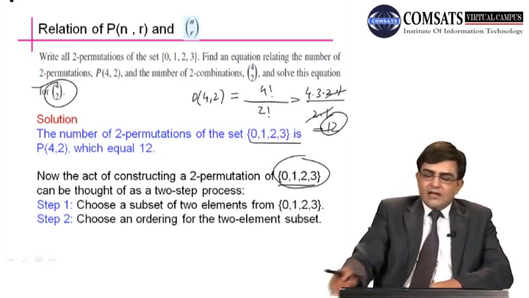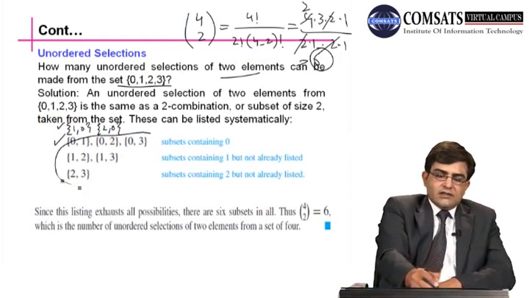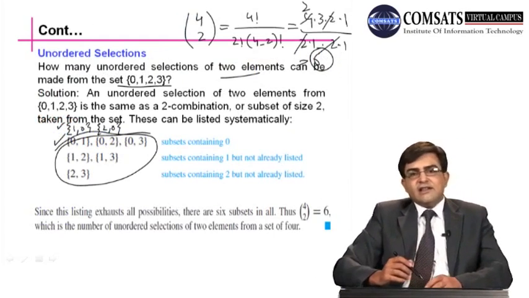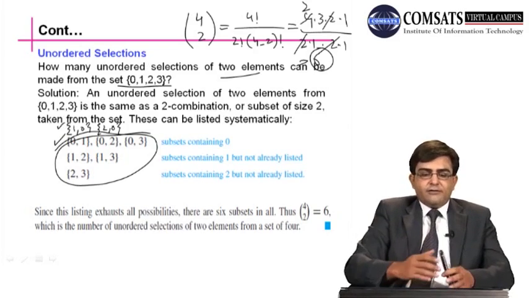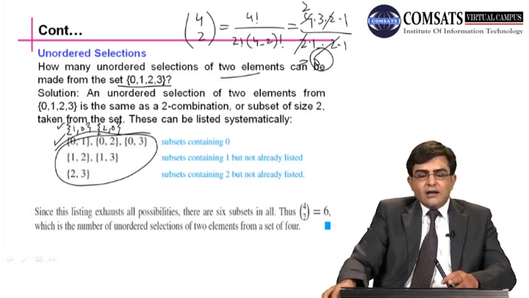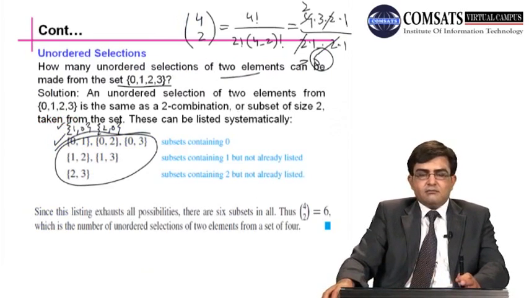For example, in the previous example, these were the 6 unordered selections of 2 elements out of 4 elements. Now if we arrange these selections by considering the order, this will give us the 2 permutations.